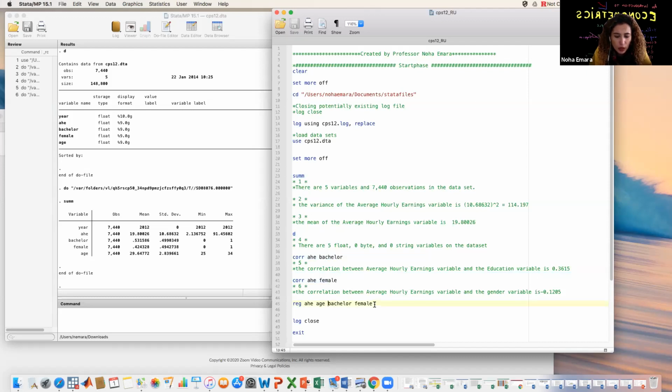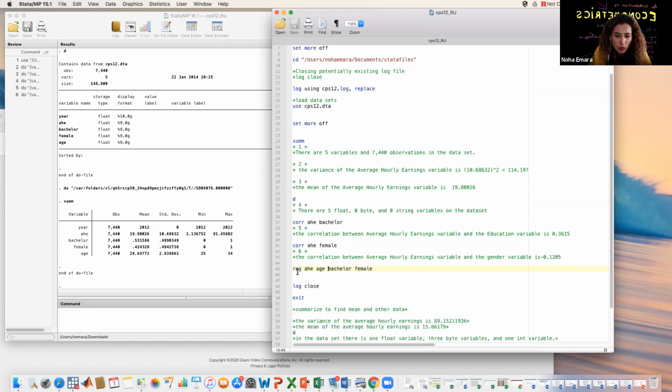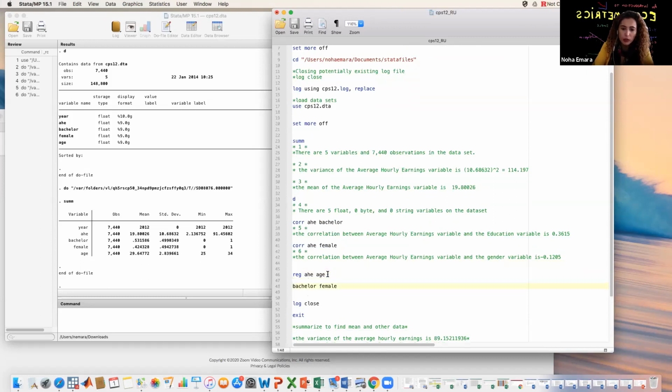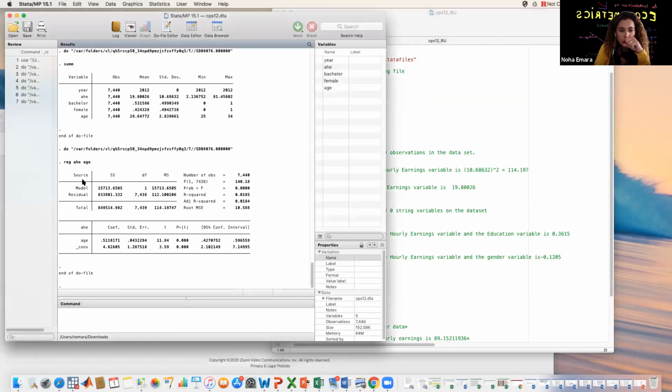Let's take the regression. If I want to now estimate the impact of age, getting a bachelor degree, and being female, let's start with the single regression model. If I start with a single regression model, you would get this output. What you see here is the constant, this is beta naught. Age, this is beta 1.